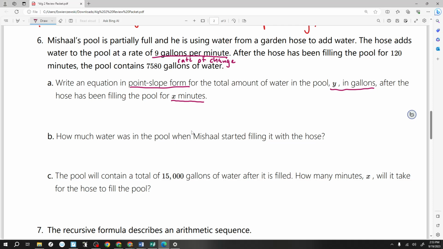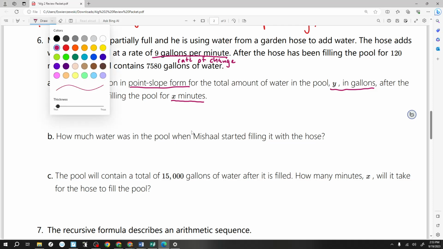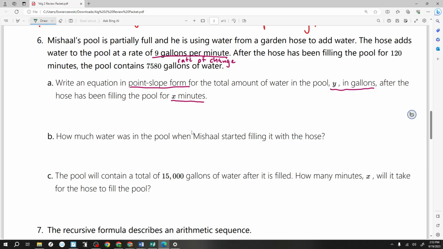Okay. We need 2 things for point slope form. We need a point and we need a slope. What is the slope? 9. The slope is 9. Do we have a point? We actually do.